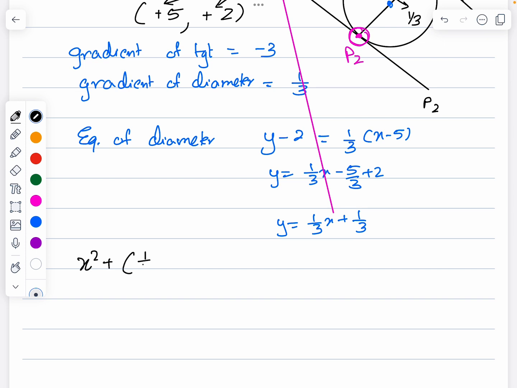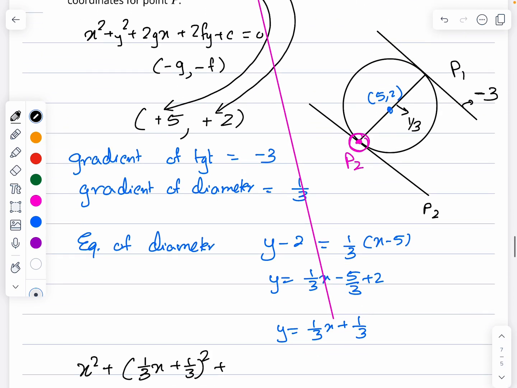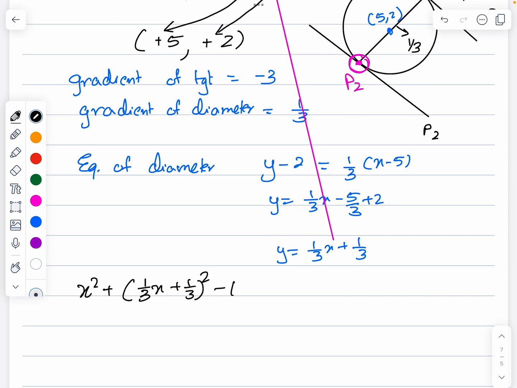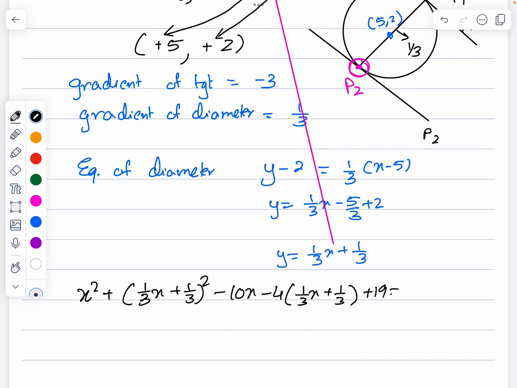What is y square? Y square is (1 upon 3x plus 1 upon 3) whole square, minus 10x minus 4y. Y is 1 upon 3x plus 1 upon 3, and plus 19 equals to 0.